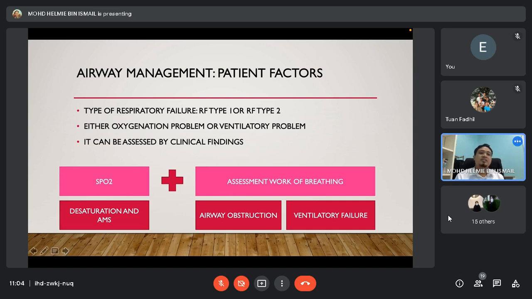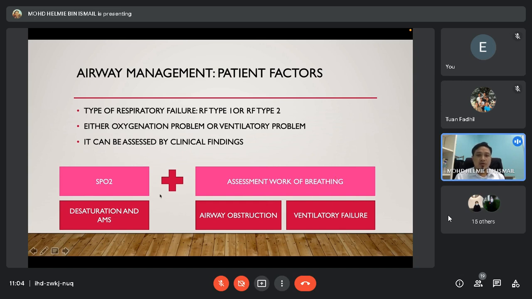And then possibly the patient can have a ventilatory problem. So if the patient has a ventilation problem, we need to assist the work of breathing. So we have SpO2 to detect that the patient has an oxygenation problem, and then you need to assess the work of breathing. Sometimes the patient is in respiratory distress, so this patient possibly has a ventilation issue.